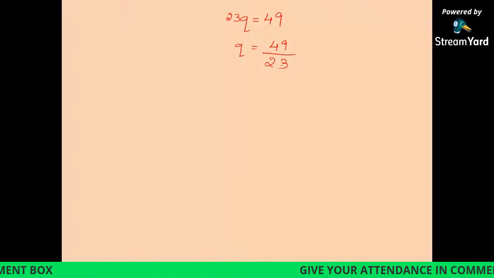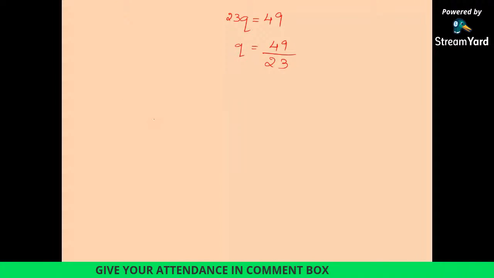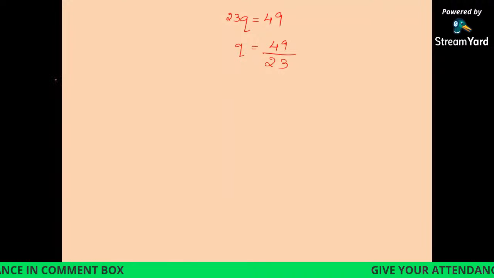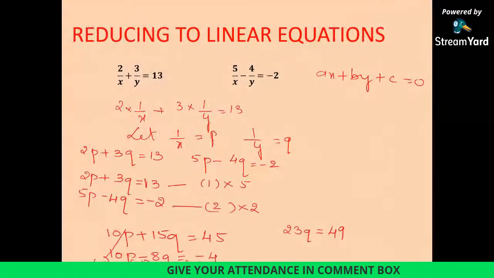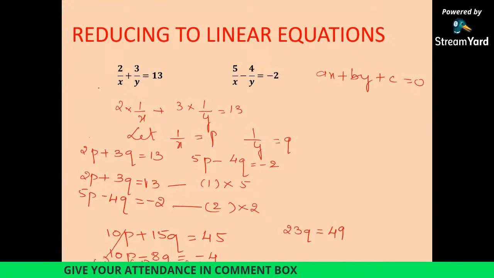We got this value. Then, going for the value of p, substitute in any one equation. Better we take our first equation, that is 2p plus 3q is equal to 13.